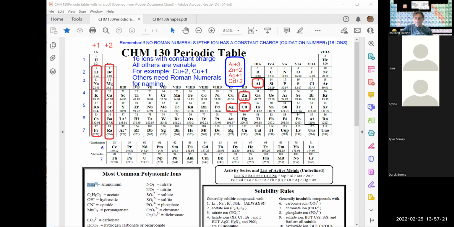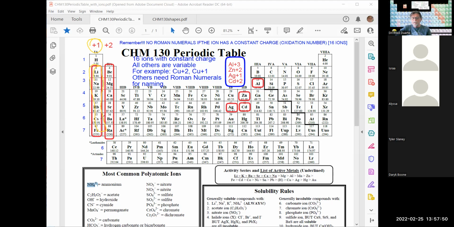Okay. Another aspect about this is the following. I have circled in red the ions that 100% of the time have a particular charge. Okay, everybody in group 1 right here will always, when they become ionic, have a +1. So there's 6 of them. There's 6 elements whose charge is fixed when they become ionic.